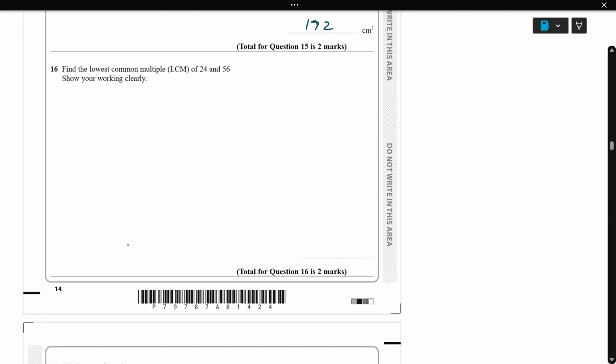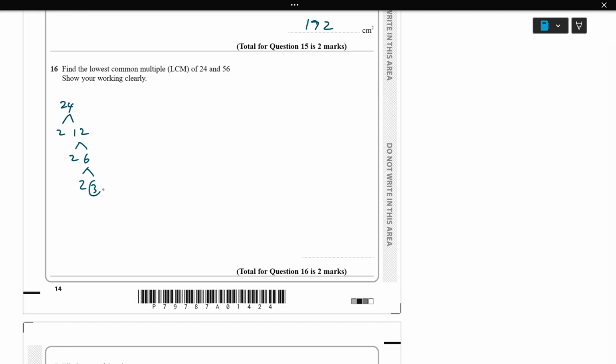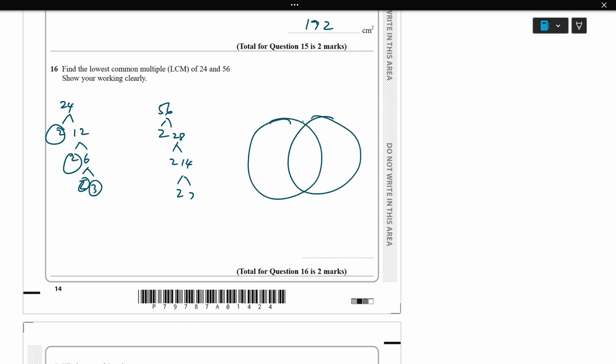And next, find the lowest common multiple of 24 and 56. First, 24's prime factors: 2, 12, then 2, 6 and 2, 3. So these are the prime factors here. Next, 56 is 2, 28, 2, 14, 2, 7. Here is 24, here is 56.